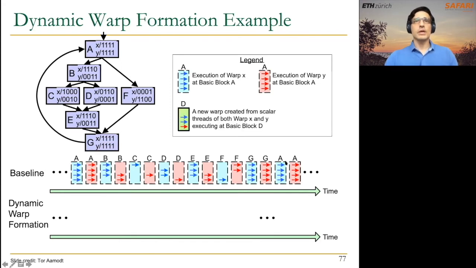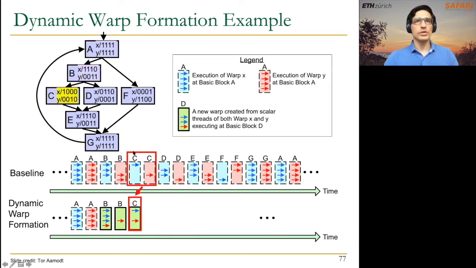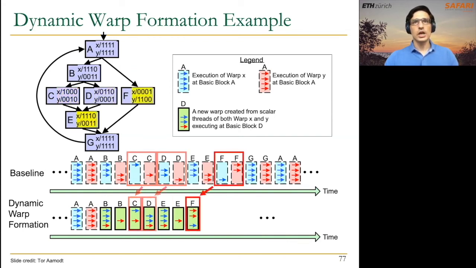When we do the dynamic warp formation, we create new warps from scalar threads from other warps. For example, here for this block of code C, we can merge these 2 and create a single warp from 2 threads coming from 2 different warps. Then for D, E, and so on. And in the end, we end up having more efficient and faster execution, which is the actual goal.